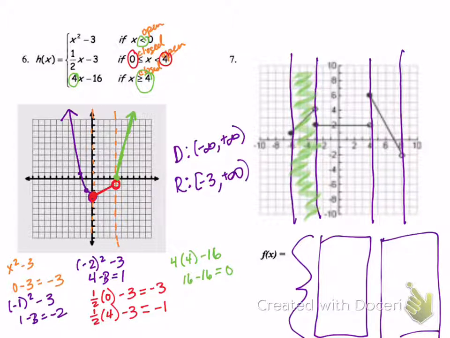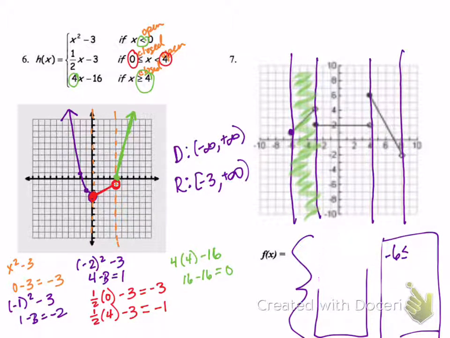So if I were reading the green shaded area, what's my smallest x value? -6 is less than, and then that's a closed circle, so it's going to be less than or equal to. No, I just drew, you don't have to draw the boxes. I just did that to leave some space.